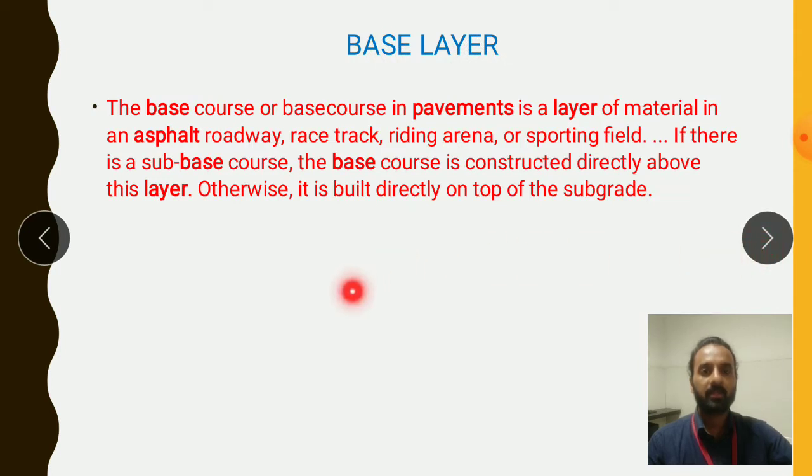So what is the base layer? Base course we are going to discuss further, along with some structured layers of the flexible pavement, and the layers are first introduced, right? First one is the base course. Base course in pavements is a layer of material within an asphalt roadway or a racetrack or a riding arena or sporting field.